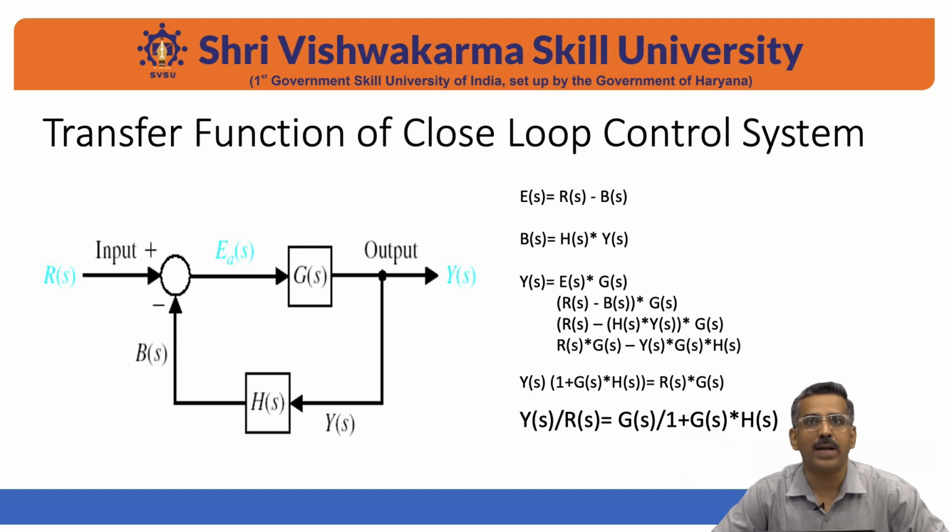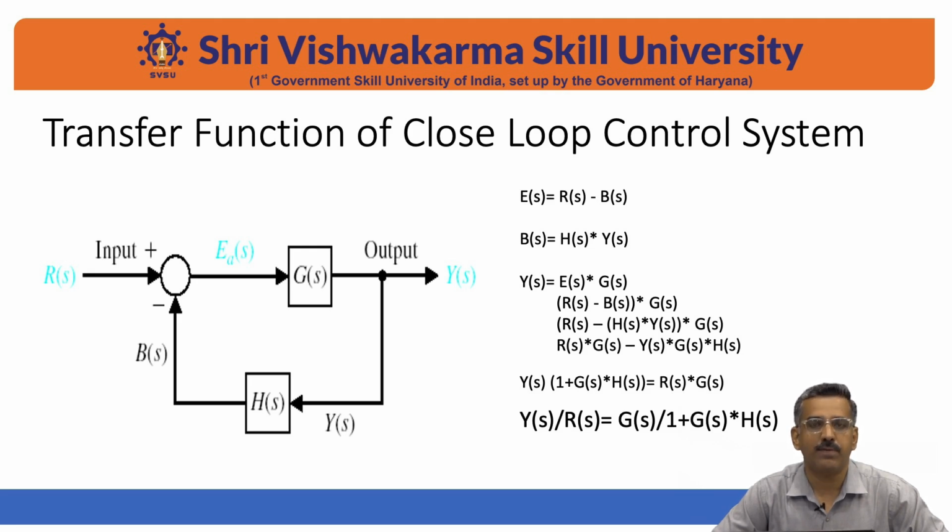Now, the overall output of this system is Y(s) is equal to E(s) into G(s). Now, put the value of E(s) which has been calculated from the error detector, that is R(s) minus B(s). Now, place the value of B(s), which is the overall output of the feedback process, in this equation.